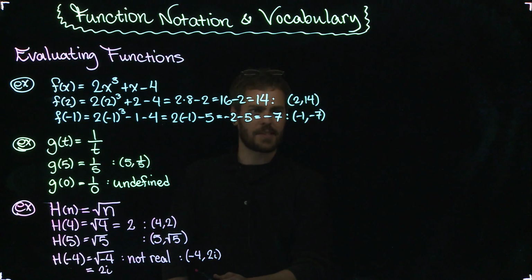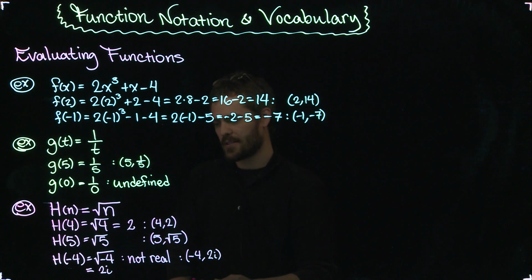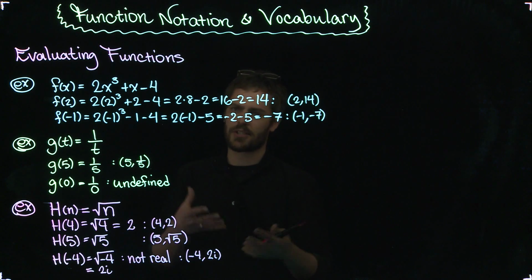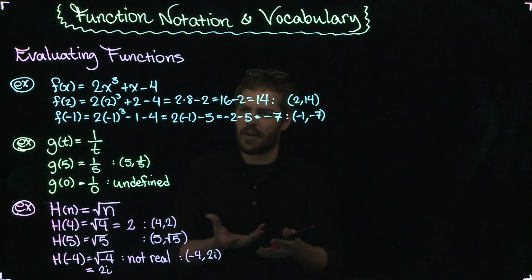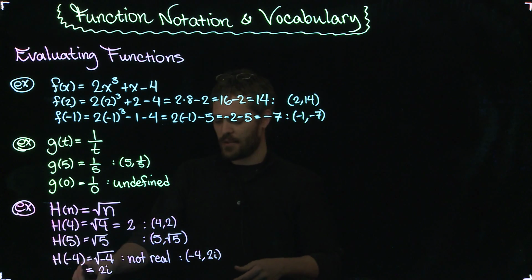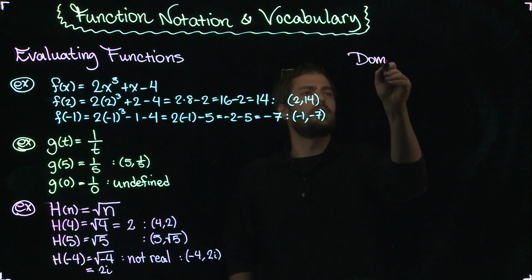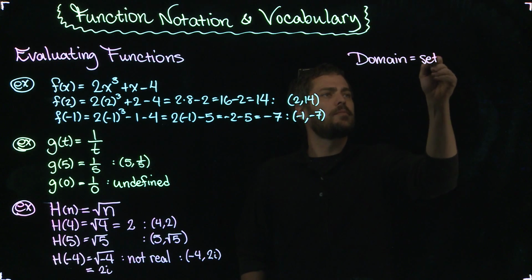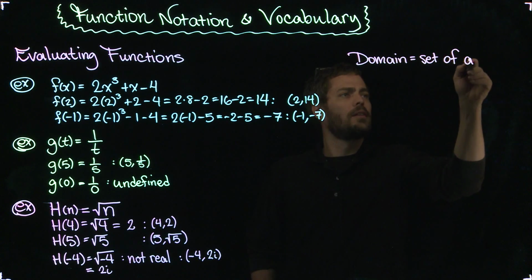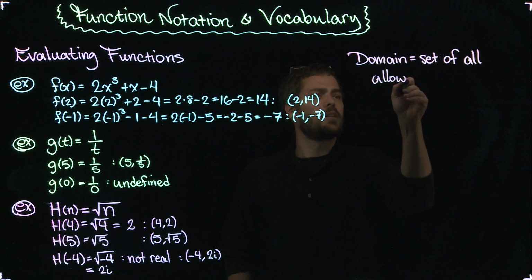So once again, it just matters whether or not your outputs are allowed to be complex. So we see some interesting things. We see that sometimes the inputs are restricted, sometimes the outputs are restricted, and those restrictions, or definition of what's allowed in and what's allowed out, those are called the domain and the range. So the domain, in particular, is the set of all allowed inputs.